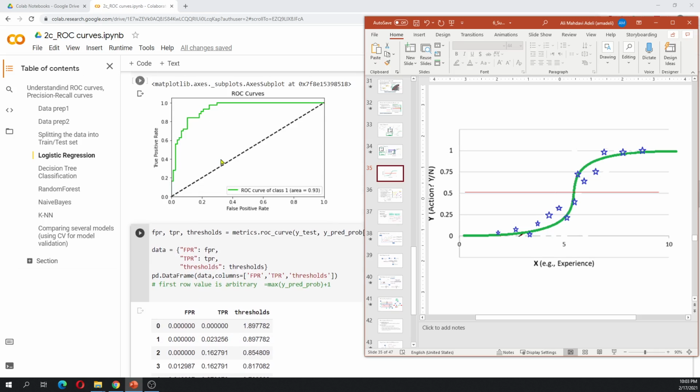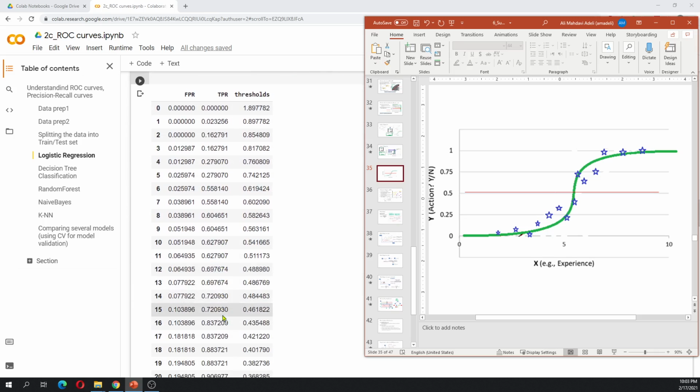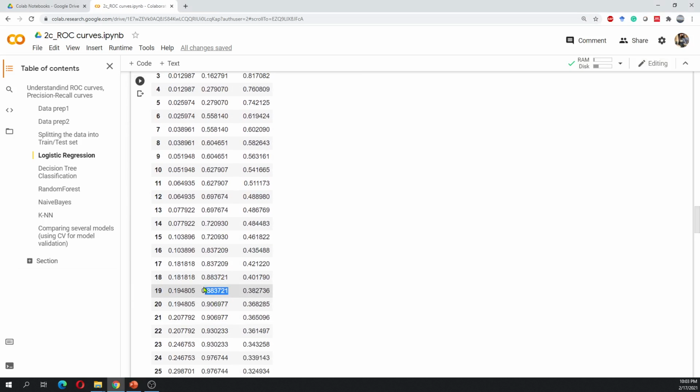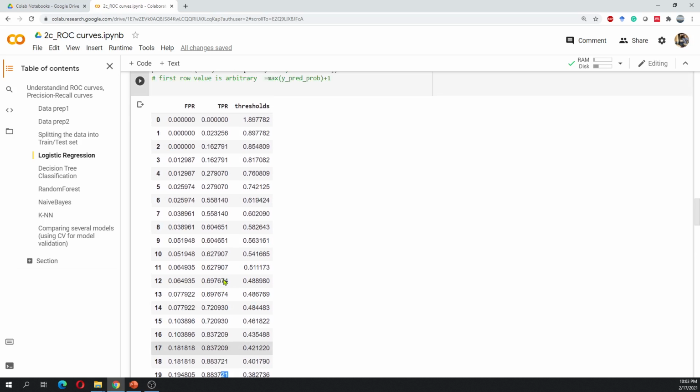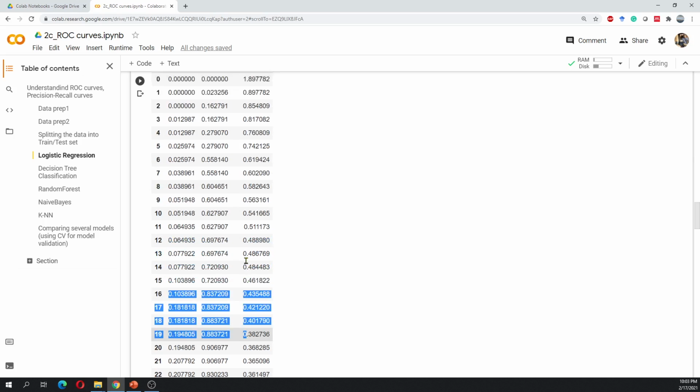And so this point seems like a good trade-off. The true positive rate is above 0.8 something. Let's see. So we're getting around here. True positive is the second column, so we're talking about something here.